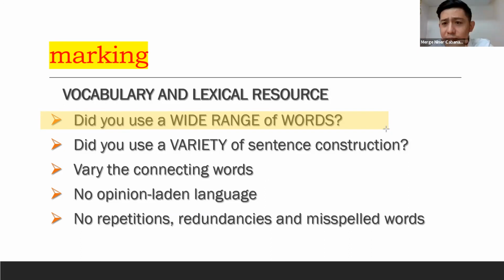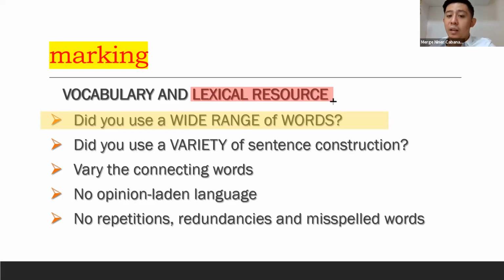So I'm going to only give Kevin a 5 in vocabulary because Kevin is not resourceful. Kevin does not have enough resource in terms of lexicon. That's why I'm giving Kevin only 5 in vocabulary.